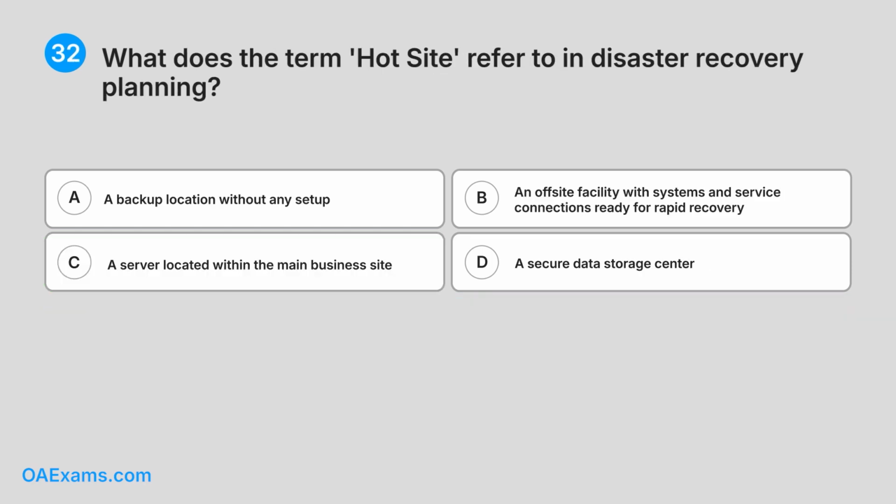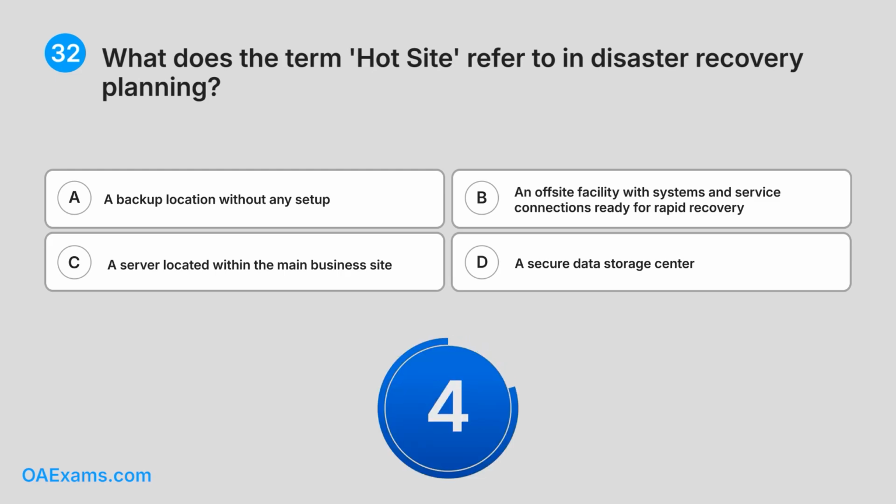32. What does the term hot site refer to in disaster recovery planning? A. A backup location without any setup. B. An off-site facility with systems and service connections ready for rapid recovery. C. A server located within the main business site. D. A secure data storage center.